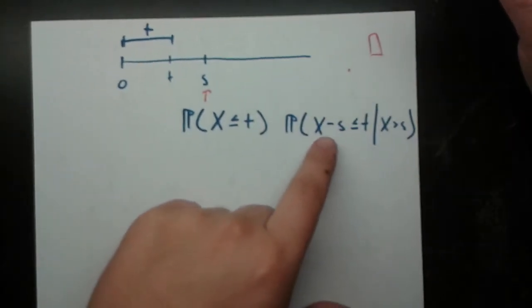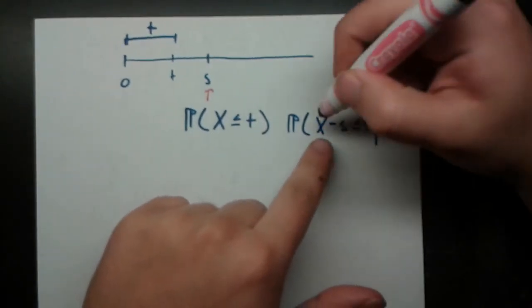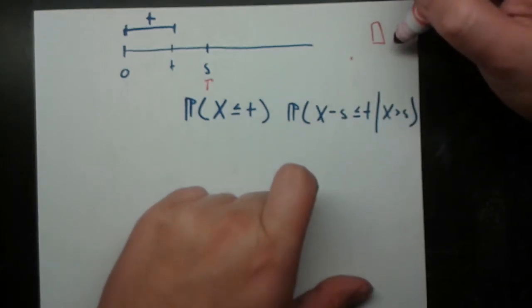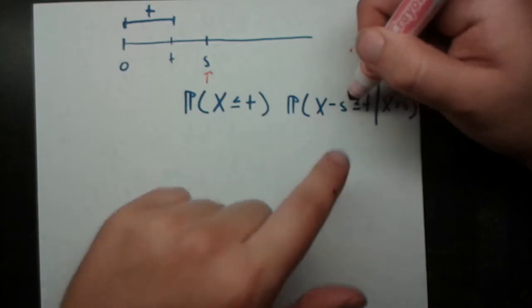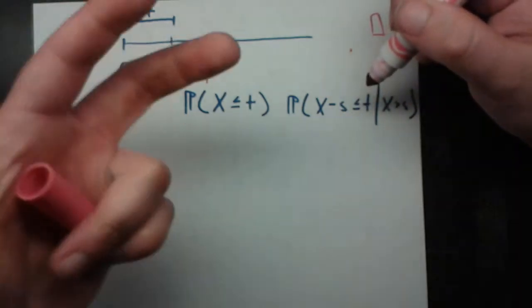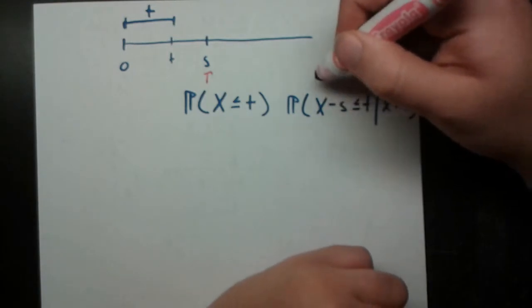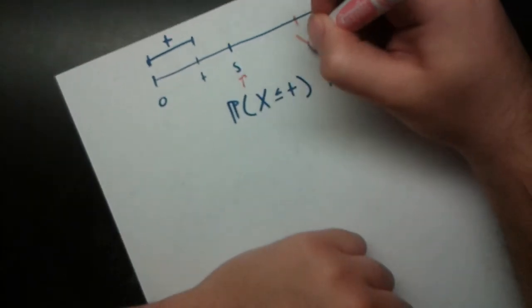But so this means that x minus s, so what does this mean? This is the total waiting time, the total amount of time this person spends at the window, minus the time you've already waited. So in a sense, it is the remaining time you must wait. Okay, so you've waited s time, x is the total time, so maybe what if x is here?